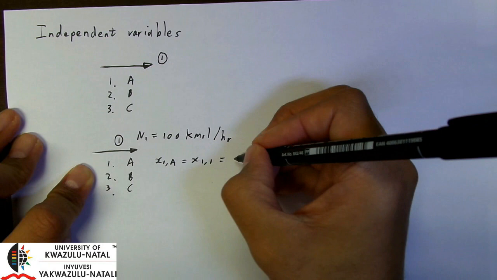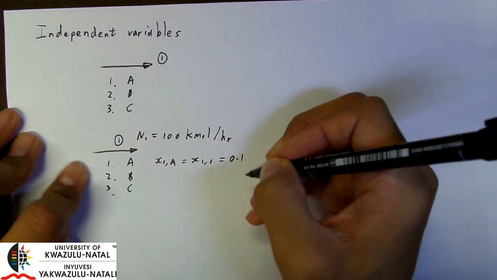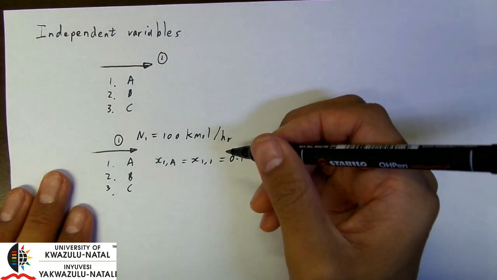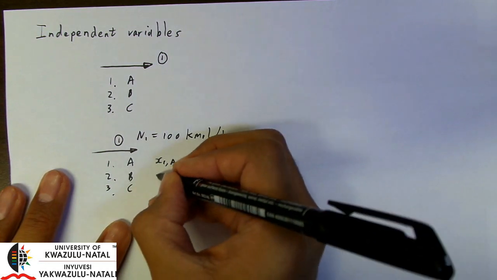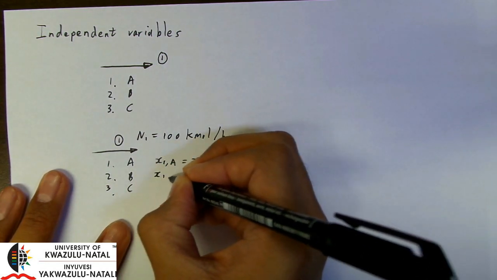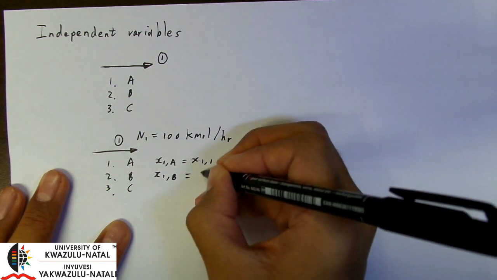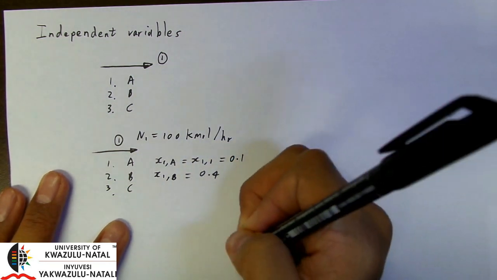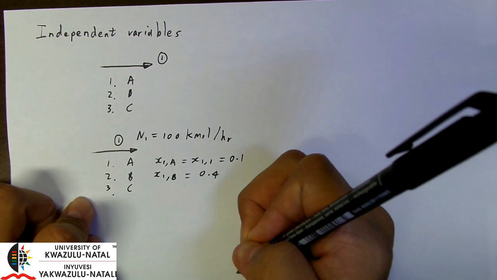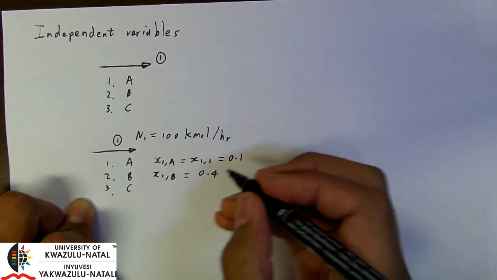Let's say, for example, that it's equal to 0.1. And let's say for component B, we have the composition given as 0.4. Now recall that our compositions must of course add up to 1.